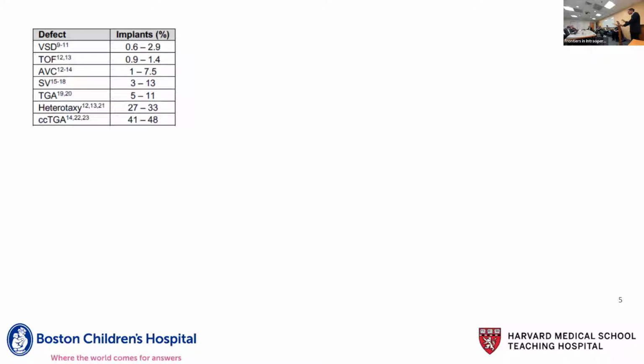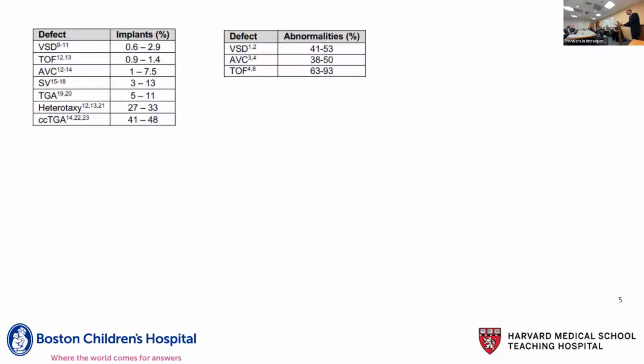But this is looking at conduction abnormality as a binary parameter. We think of it as either the conduction system is injured and you need a pacemaker, or you don't need a pacemaker. But I draw your attention to this: short of needing a pacemaker, even patients with simple defects such as VSDs, canals, and tetralogies, up to 50 to 90% of these patients have conduction abnormalities: right bundle branch blocks, in certain cases left bundle branch blocks, superior axis deviation.